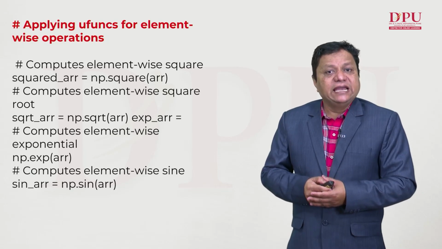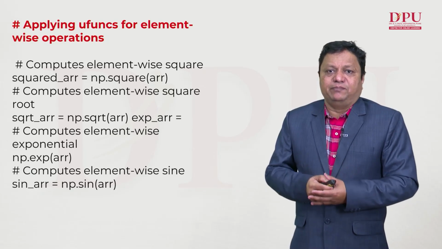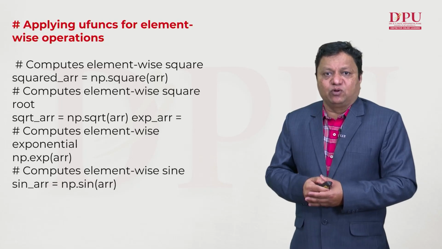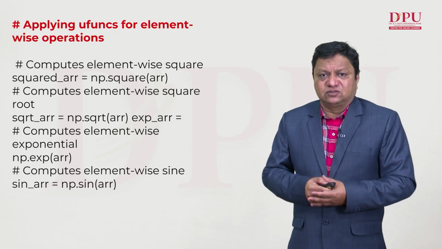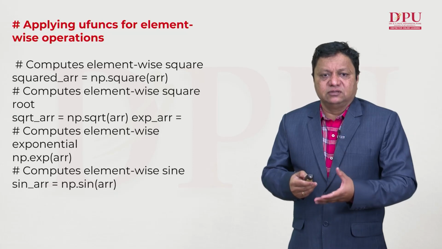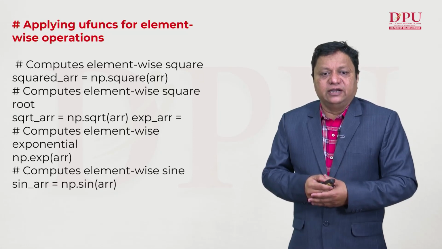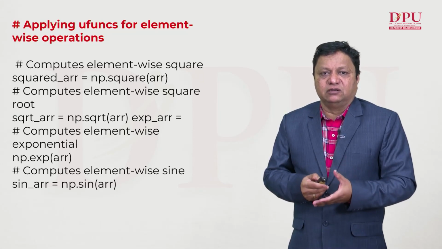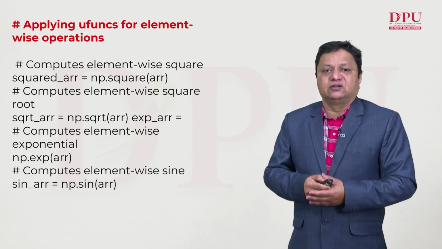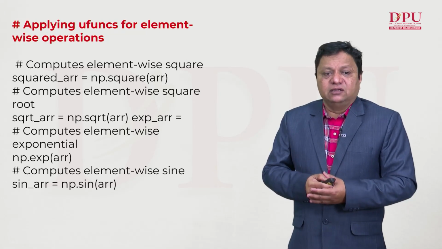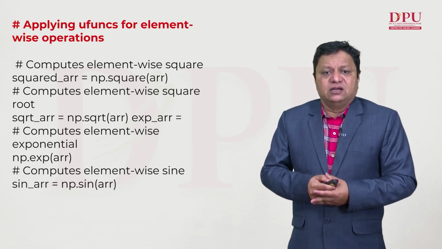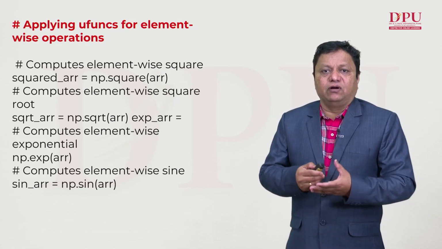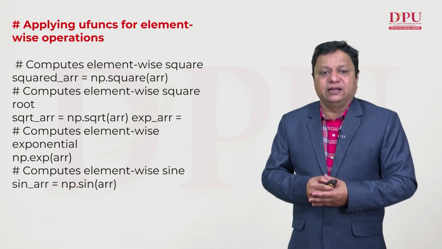So here I can say np.square, and in the rounded bracket I can provide the name of the array, in this case ARR. All the elements automatically have their square values calculated, and the result is stored into squared_ARR. If I print squared_ARR, the values will be the square numbers of all the values of my ARR array.